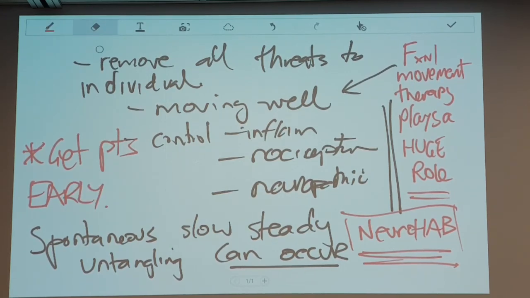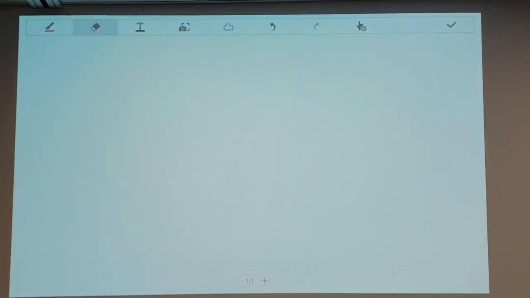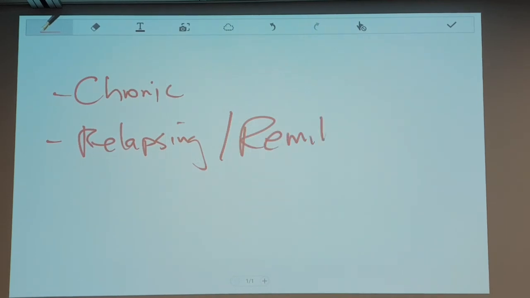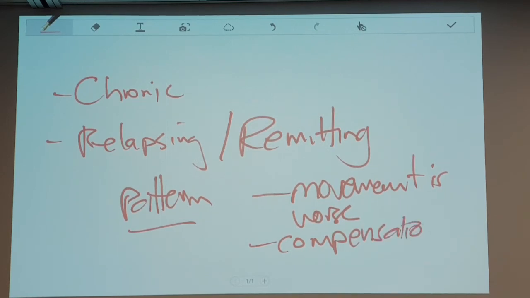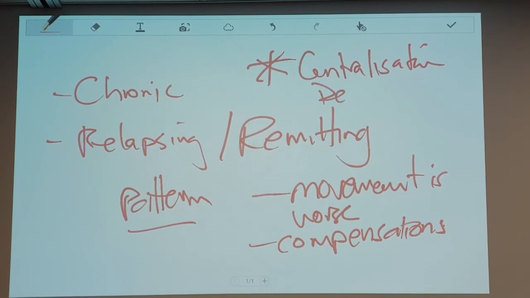Alright, because if we don't get patients early enough, they're chronic, or they're relapsing, so they get better, then they get worse, so they have this relapsing remitting pattern. Their movement is poor, their movement is worse because they've developed all these compensatory movements, compensations, and most importantly, centralization has developed.